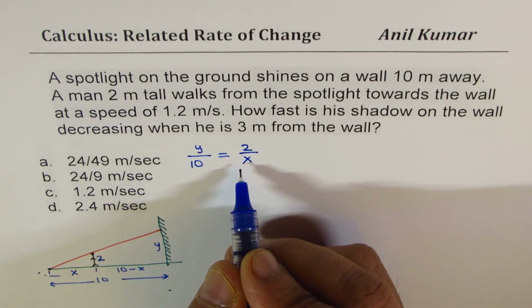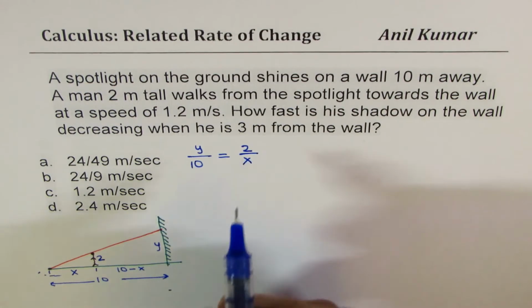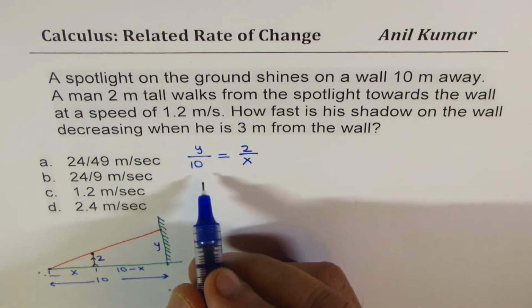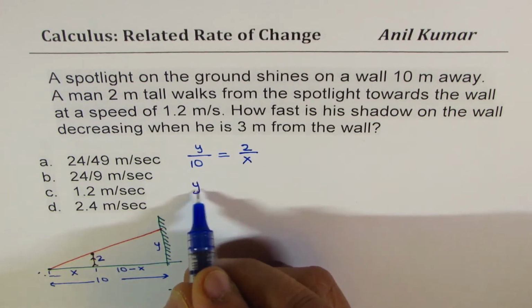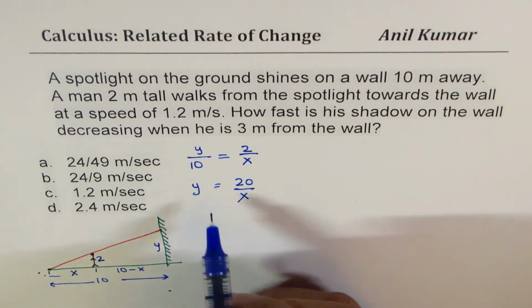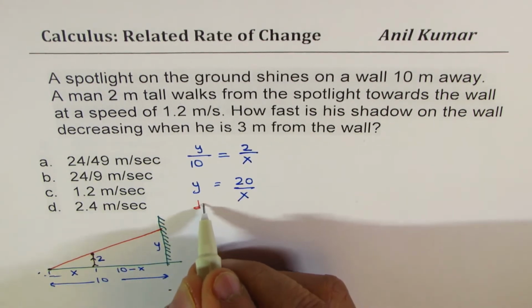So that is how y and x are related, correct? So we could write this as y equals 20 over x, cross multiplying. Okay. Now we can differentiate with respect to time both sides.